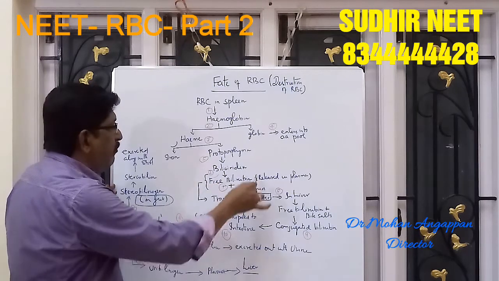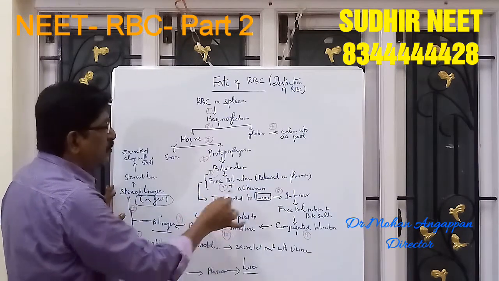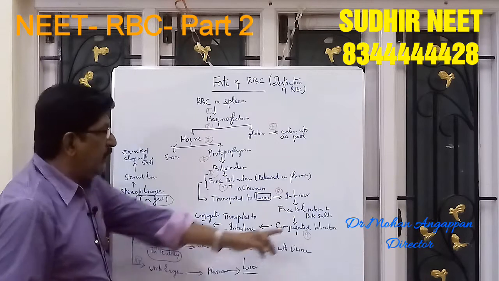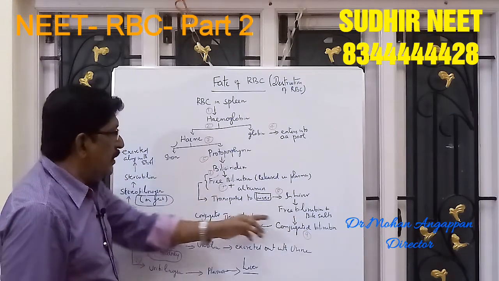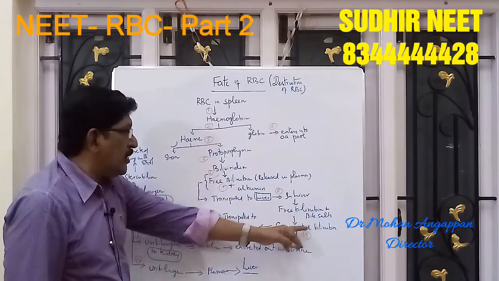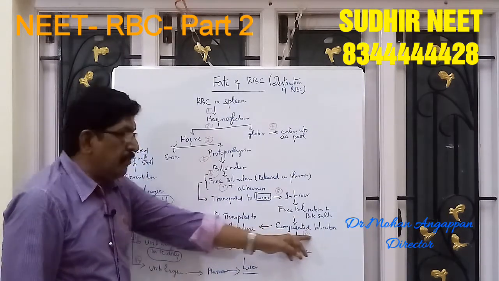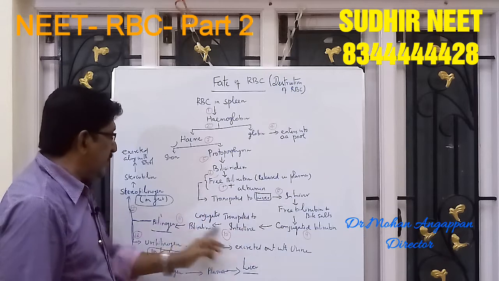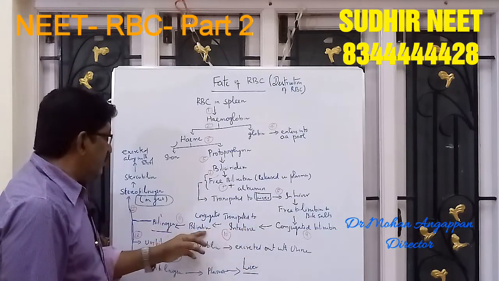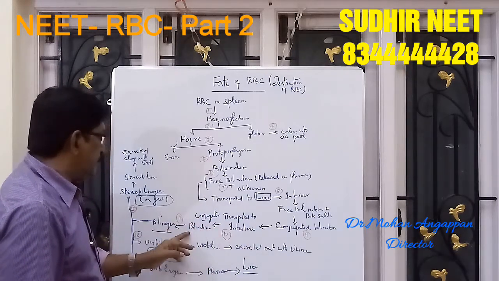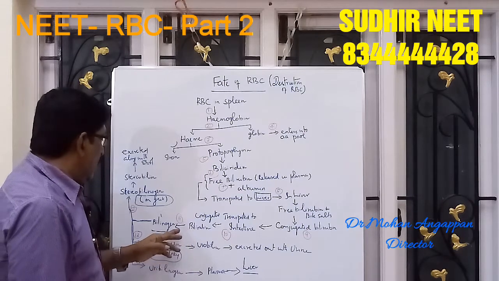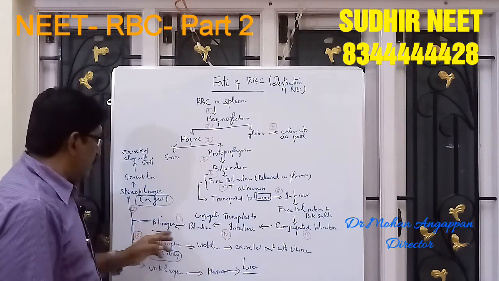This combined form of bilirubin and albumin is transported to the liver. In the liver, the free bilirubin combines with the bile salts and forms conjugated bilirubin. This conjugated bilirubin is transported to the intestine where it is converted into bilirubin. This bilirubin is converted into bilinogen.